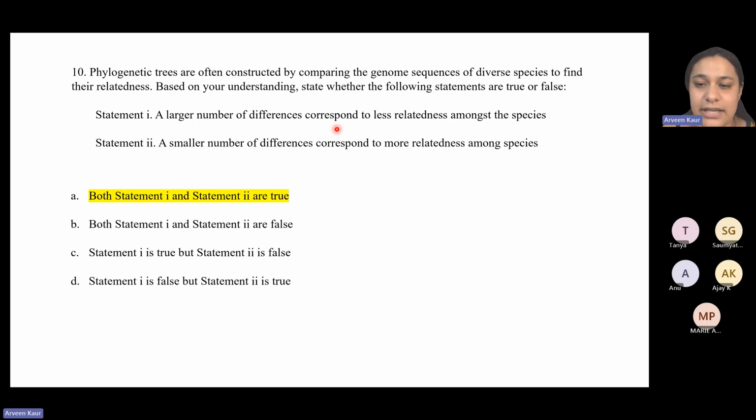That is how we say that humans and chimpanzees are very similar, because we share about 99% of our DNA. You and I are more similar because we share about 99.99% of our DNA, with respect to sequence similarity. So that is how phylogenetic trees are hypothesized and constructed, right?